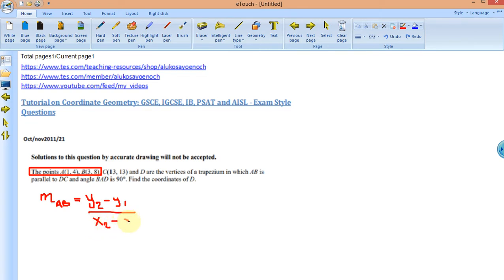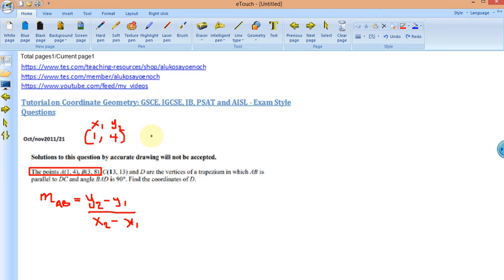Looking at the coordinates, for point A, (1, 4), you can label it x1, y1. That is the coordinates for point A.